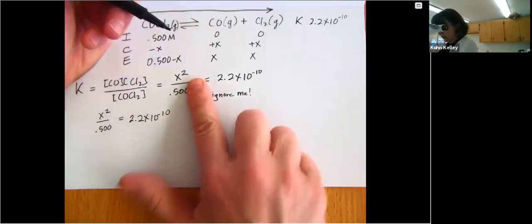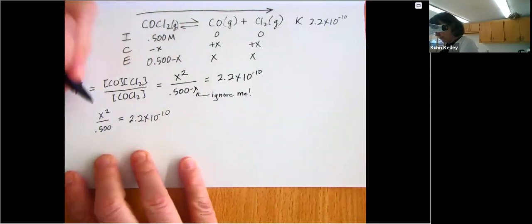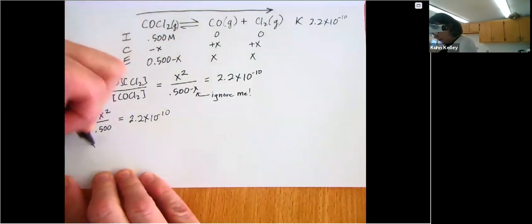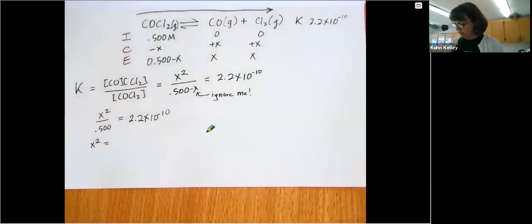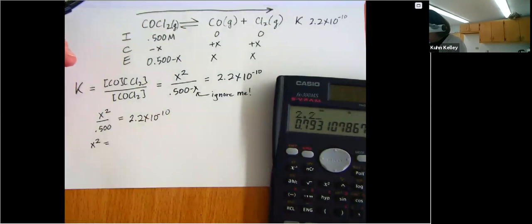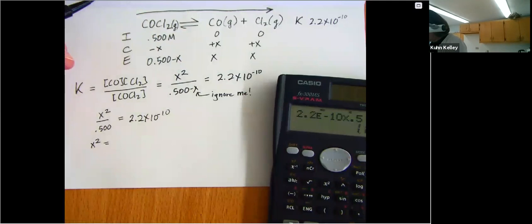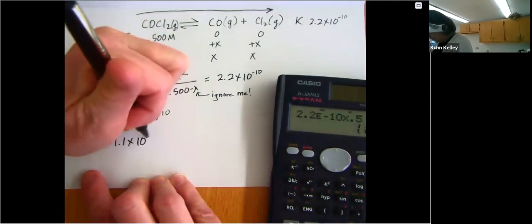See, I've just ignored that and brought it down. Now I'm going to multiply both sides by 0.5. So X squared is going to be equal to, should be 1.1 times 10 to the negative 10th, but let me double check. 2.2 times 10 to the negative 10th times 0.5. Indeed, 1.1 times 10 to the negative 10th.